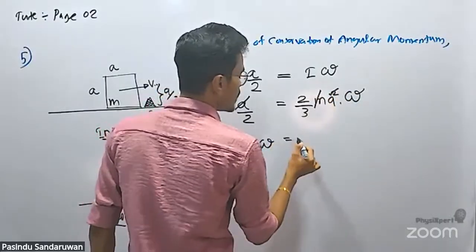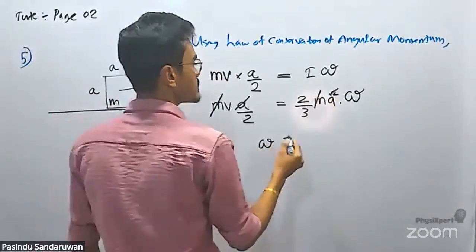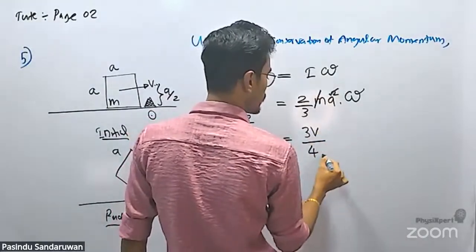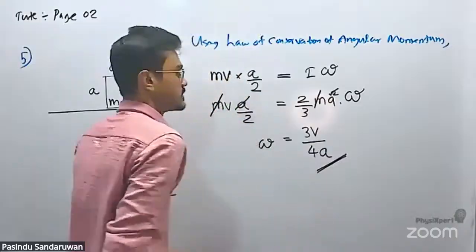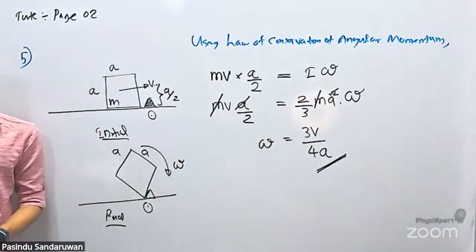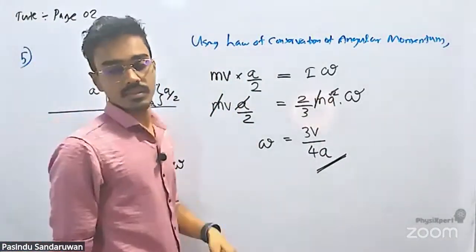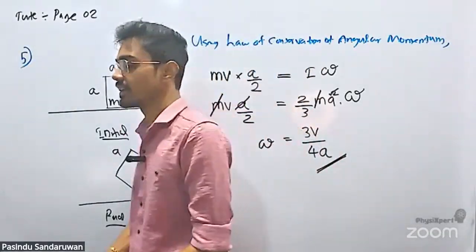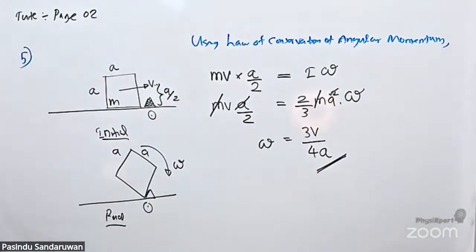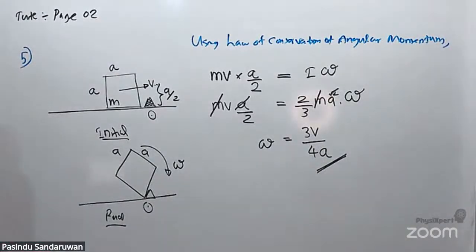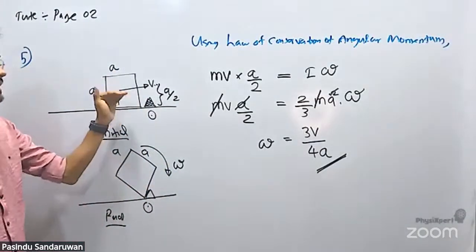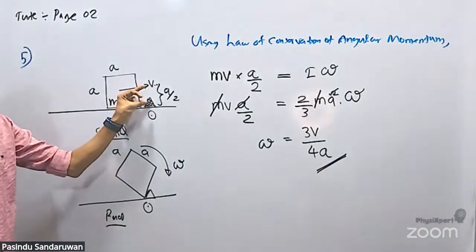Subject omega is 3v over 4a. 3v over 4a, correct. Good. So I have used the velocity at center of gravity, V. Then you have to write the height up to center of gravity.